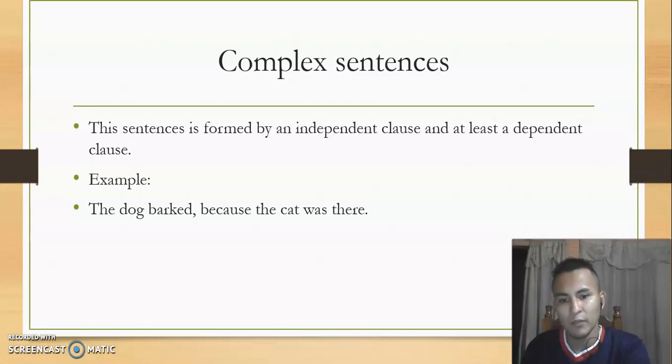And because the cat was there is the dependent clause that needs an independent clause to be a complete idea. We can see that it's a dependent clause because the conjunction is introducing the sentence: because the cat was there. Because is the conjunction here.